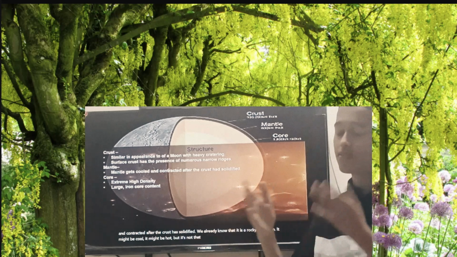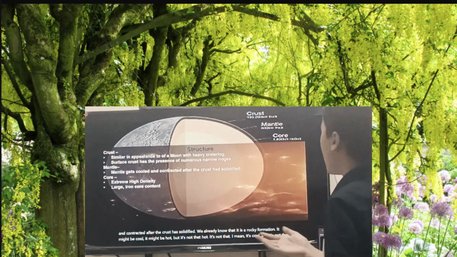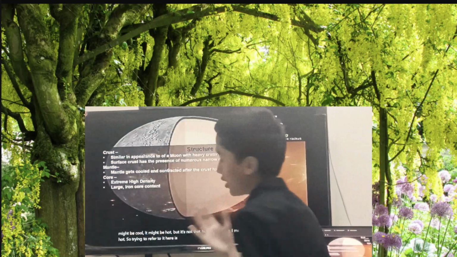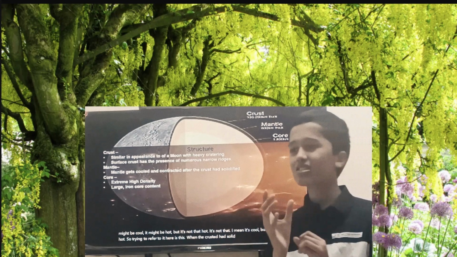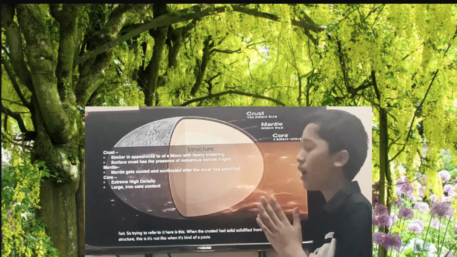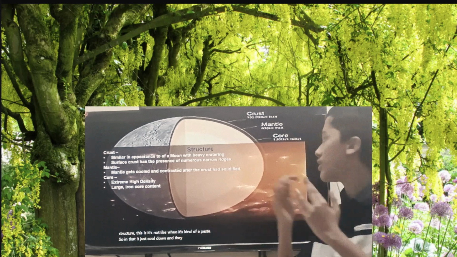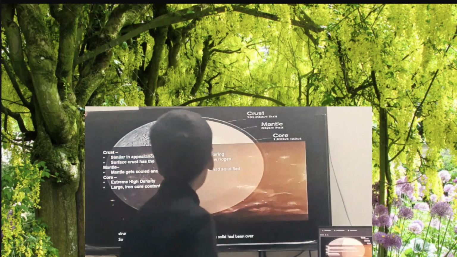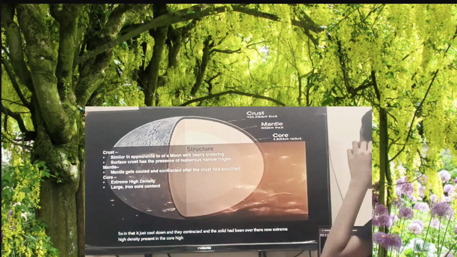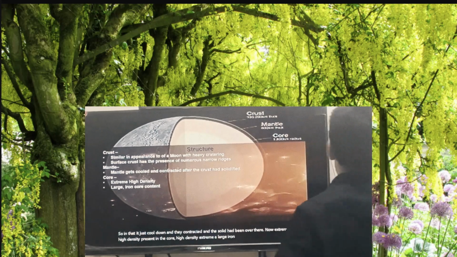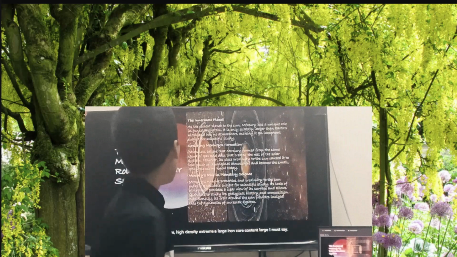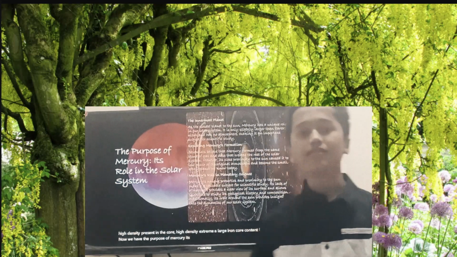So trying to refer to it here, when the crust had solidified from the liquid structure, it's not a liquid, but it's kind of a paste. So it cooled down and contracted, and the solid had been over there. Now, extreme high density is present in the core, with large iron core content. Large, I must say.